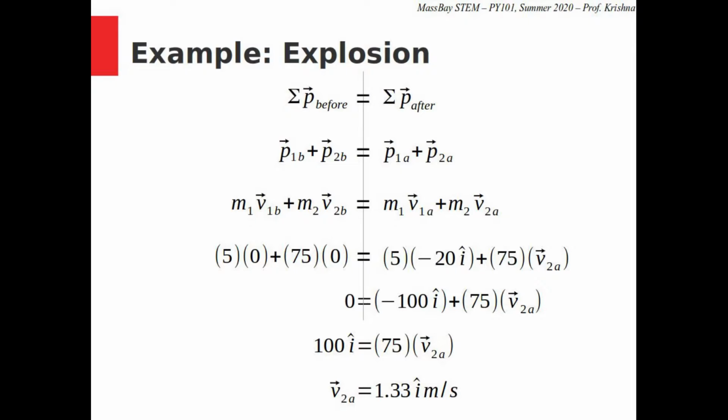Initially, there's no motion, so the velocity of both you and the ball before the explosion are 0. After the explosion, the ball is moving at negative 20i meters per second. The only unknown is your velocity, and with a bit of math, we get a velocity of 1.33i meters per second.